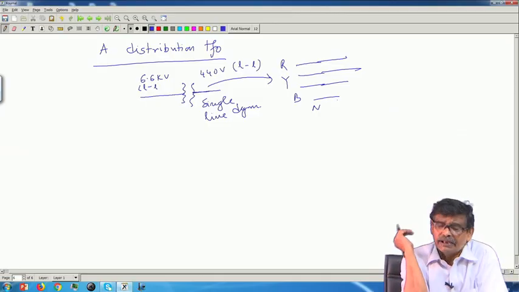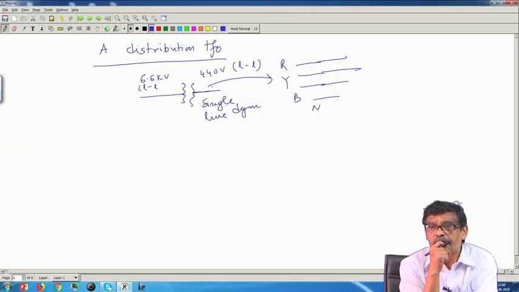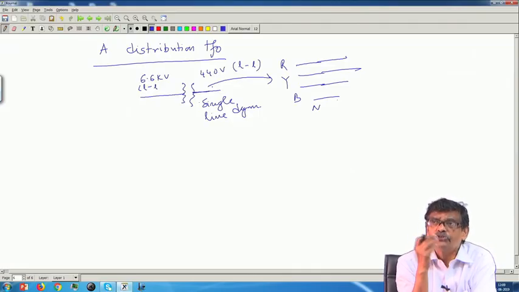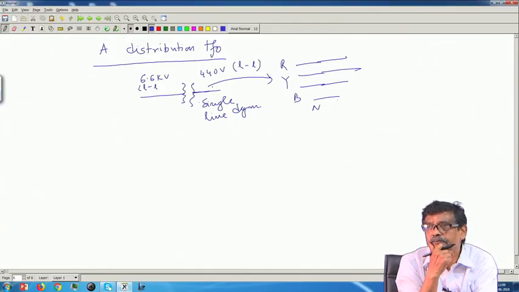For example, you can easily see the load on the secondary of such a transformer will be almost 0 during wee hours of the night, that is, midnight and beyond, because no lighting loads will be there, all people will be taking rest.